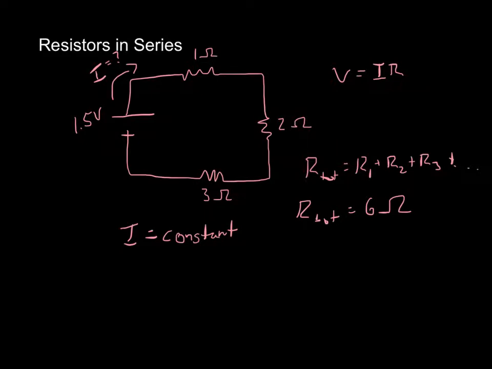So the current flowing through here, well, we have 1.5 volts using Ohm's law, current times 6 ohms. So the current flowing through this wire would be 0.25 amps. And then we could use that current at each individual resistor to figure out what the voltage drop at each resistor is. But we'll look at that in a little more detail later.